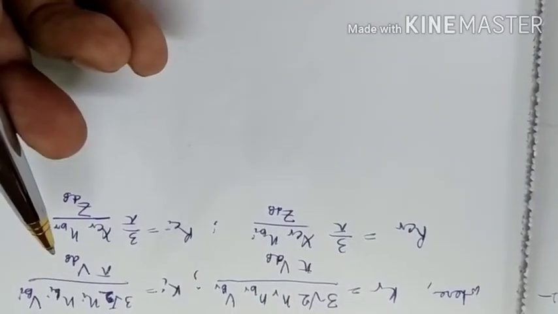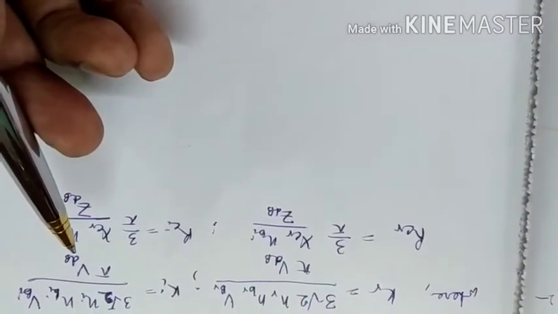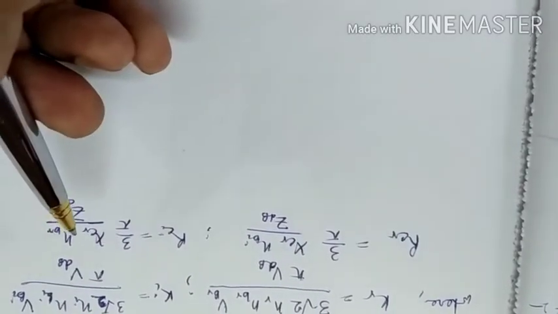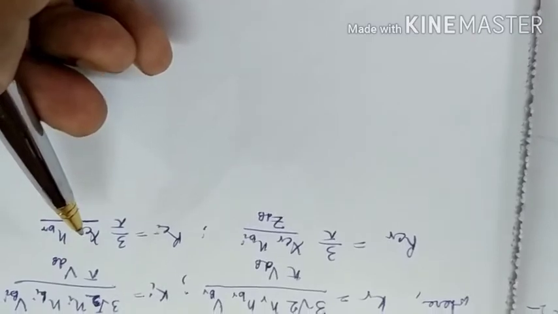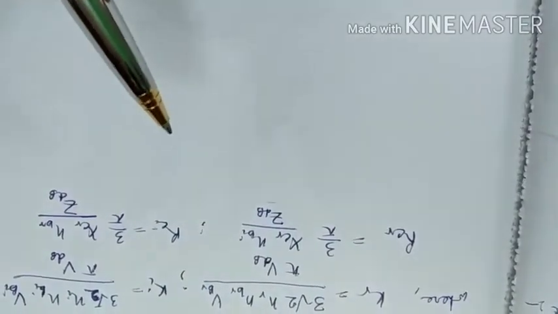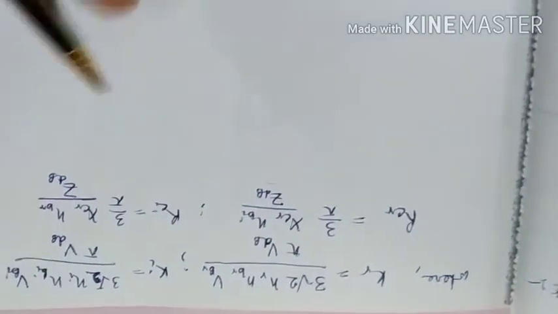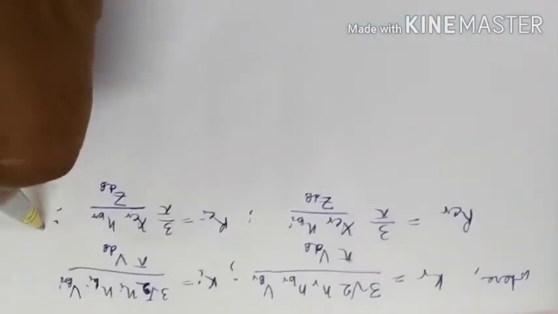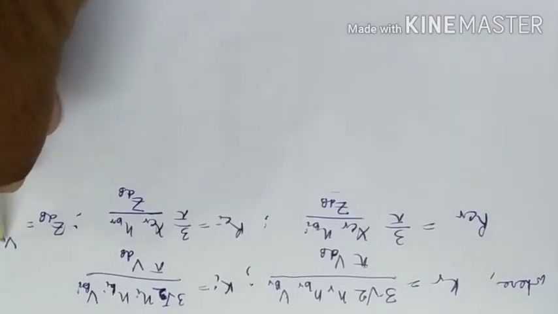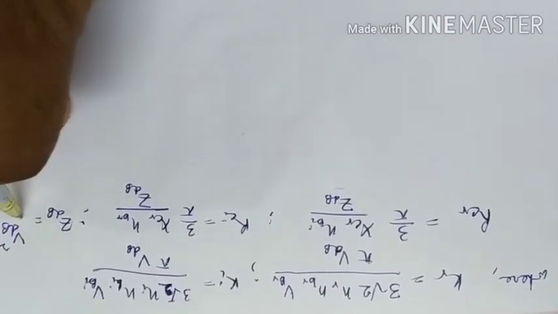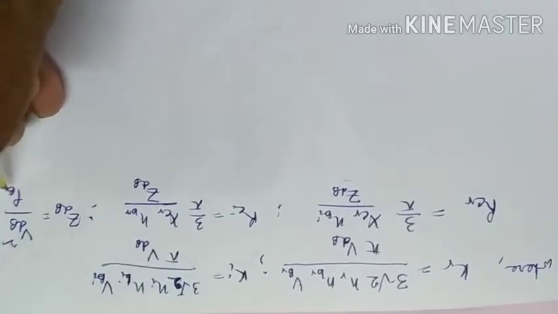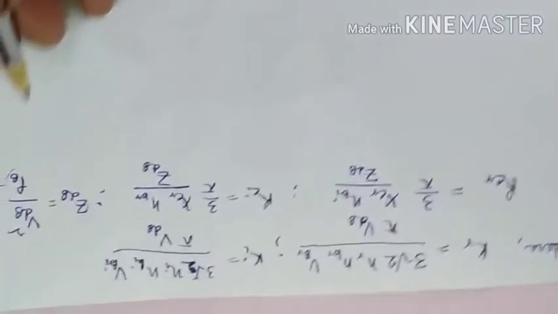RD is the per unit line resistance in the DC line, and ZDB is the base DC impedance given by ZDB equal to VDB square by PB, where PB is the base power.